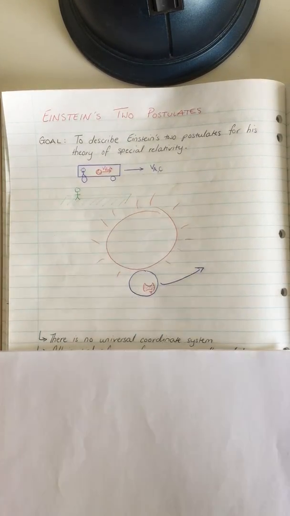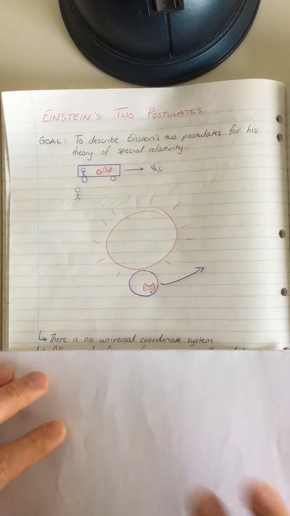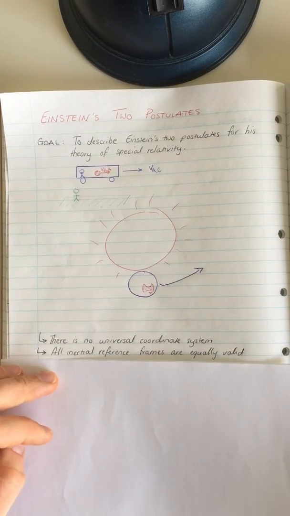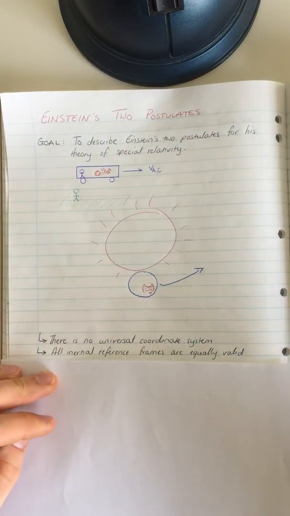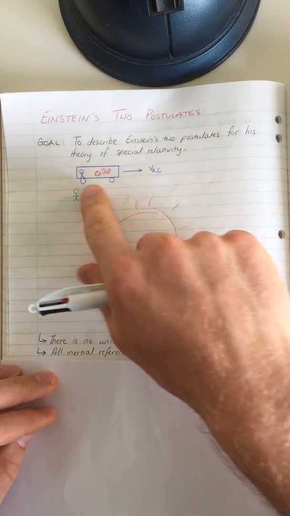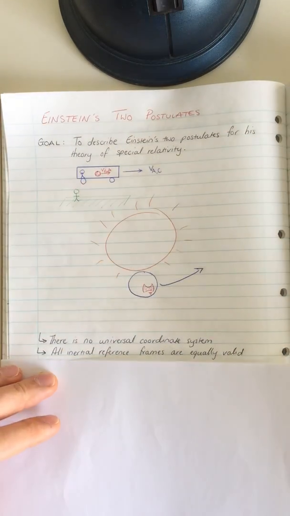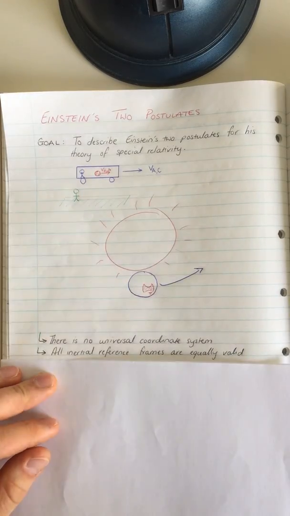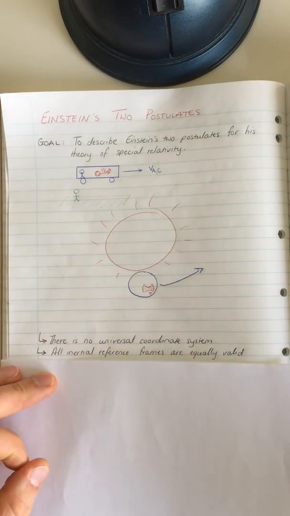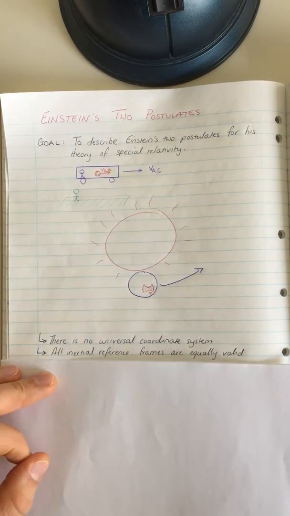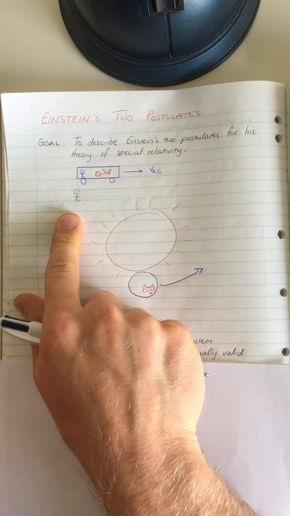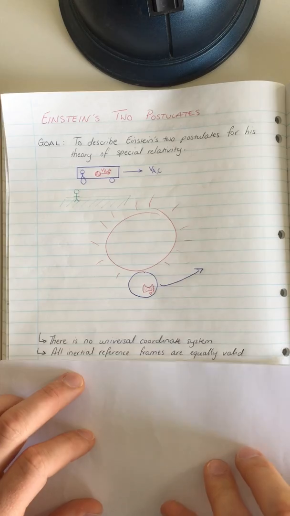So we need to remember all motion is relative, and there is no universal coordinate system, which means that all inertial reference frames are equally valid. Coming back to this example, the measurements that Amanda is making in our train are just as valid as the measurements that the person on the platform is making, and there is no sense in which this person is more at rest or not moving.